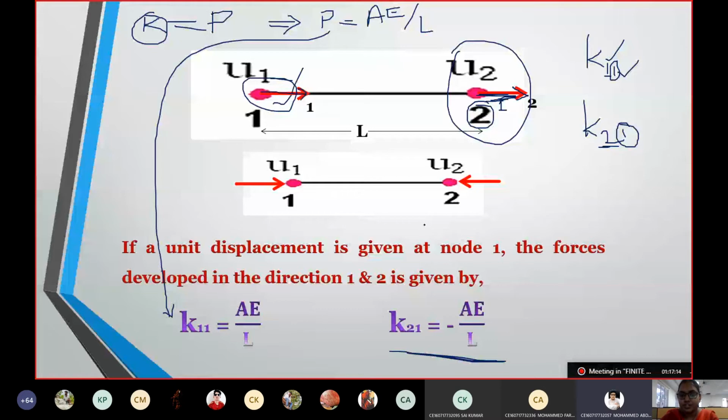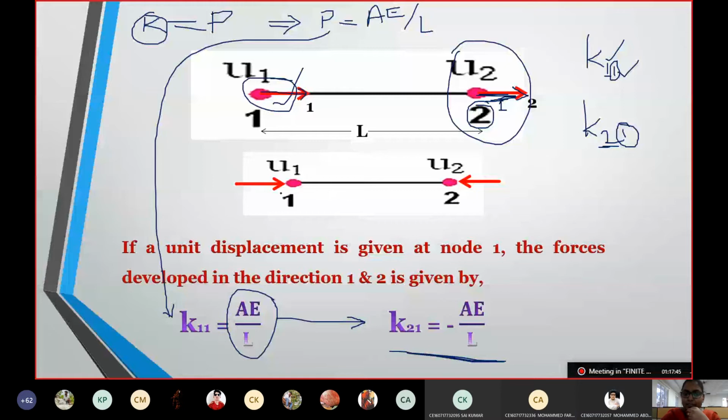For that, I need to give the exact same reaction for the displacement. So for A by L, to make this 0, I keep it negative, in the opposite direction. That's the reason we keep U2 in the opposite direction to U1, so it is minus A by L.